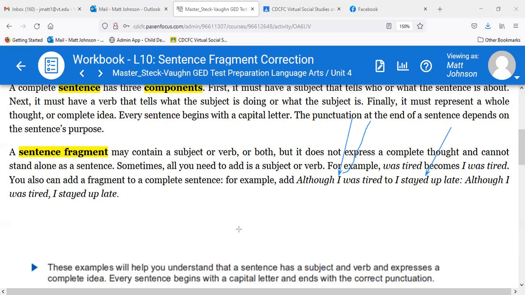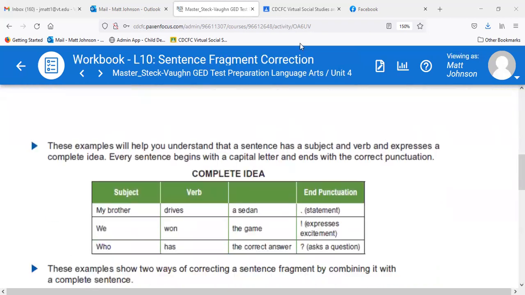Because it can stand alone as a sentence. But you can put the two together, put a comma in the center, and you have a complete sentence. So "although I was tired," dependent on the next clause, "I stayed up late." So there you get a complete sentence. We'll run into a few of these in our next little section.